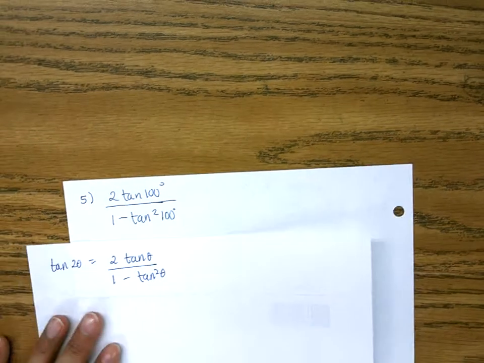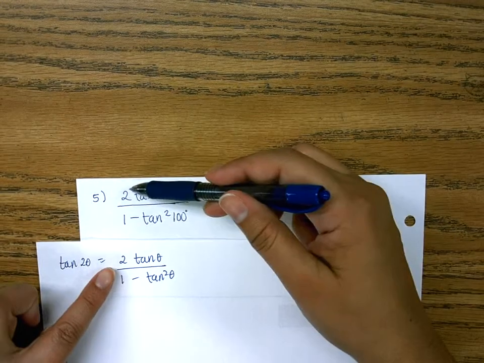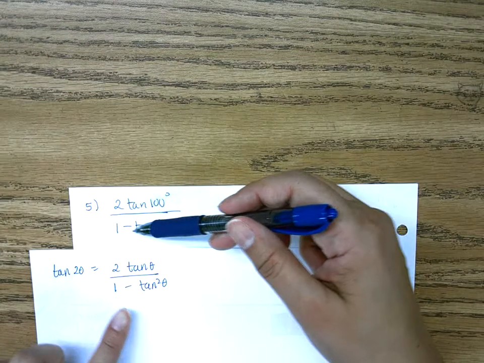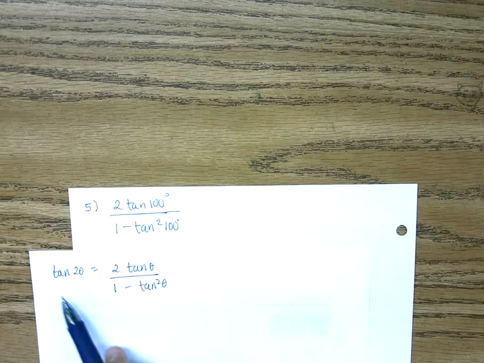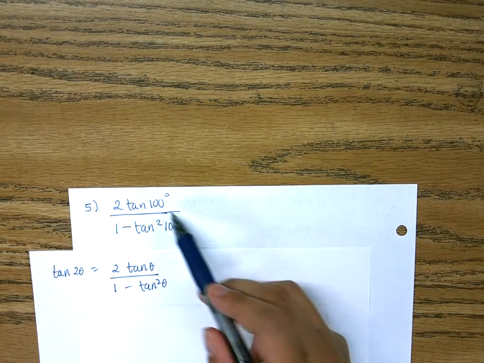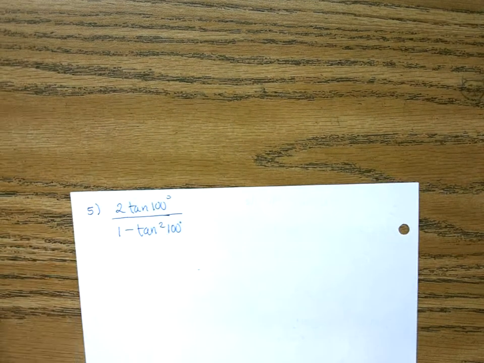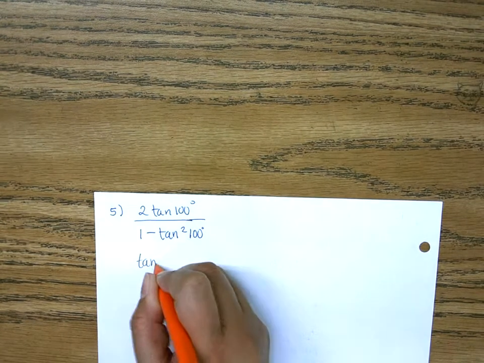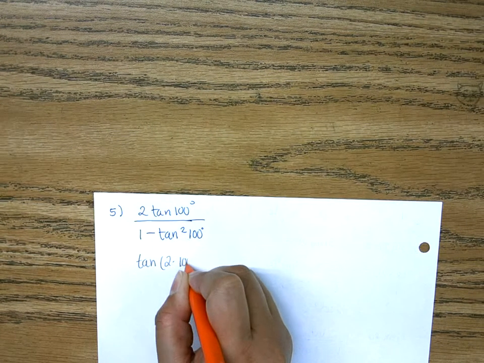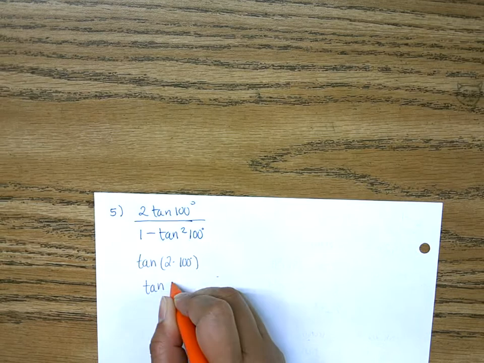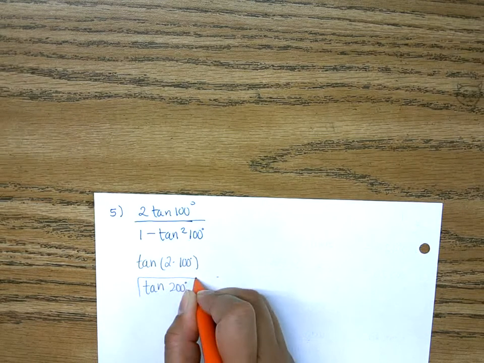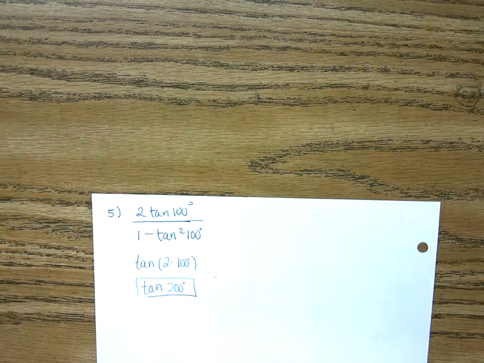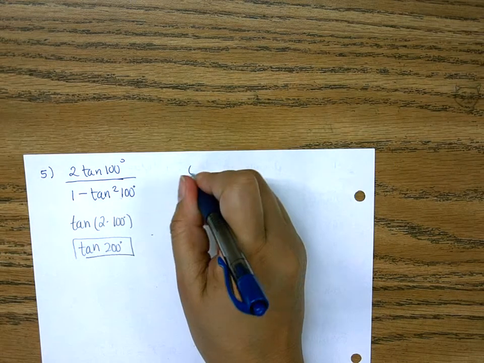Okay, so I'm just rewriting it so I can compare it to this side here, and sure enough, that looks the same. There's the 2 tan theta, 1 minus tangent squared theta, so it equals tangent of double the angle, and our angle here is 100 degrees. So that's going to become tangent of double the angle. So tangent of 200 degrees is what we end up with. And again, 200 is not a special angle, so we're not going to evaluate.